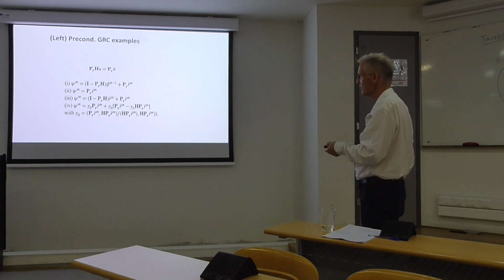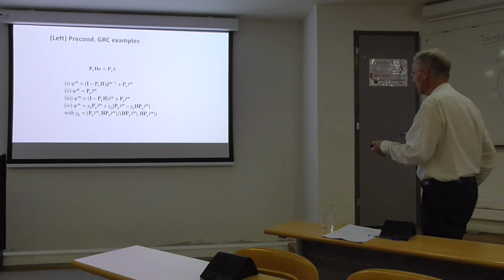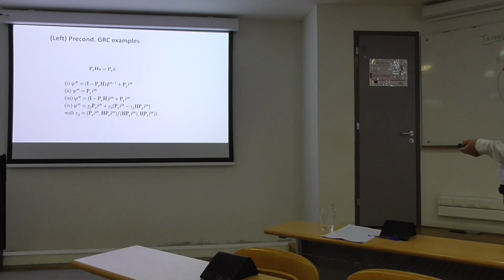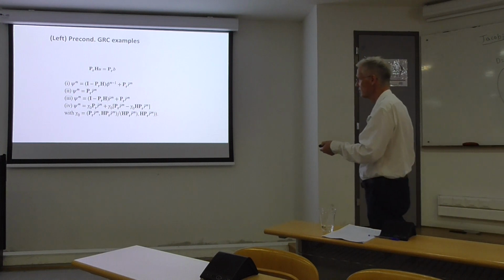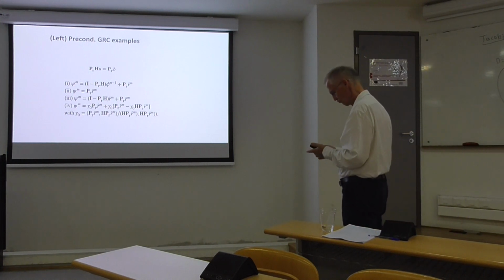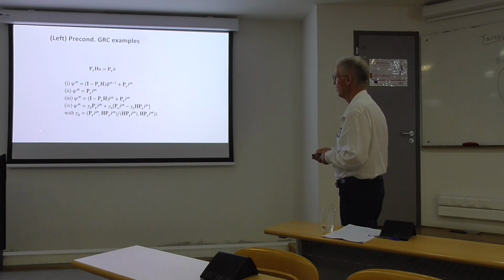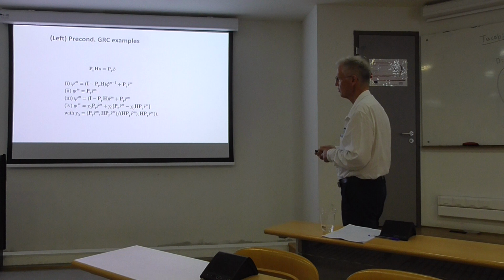So this is the C of the variable preconditioning in the Jacobi, the first one. Okay. The second one is nothing, no preconditioning at all in terms of the Jacobi.